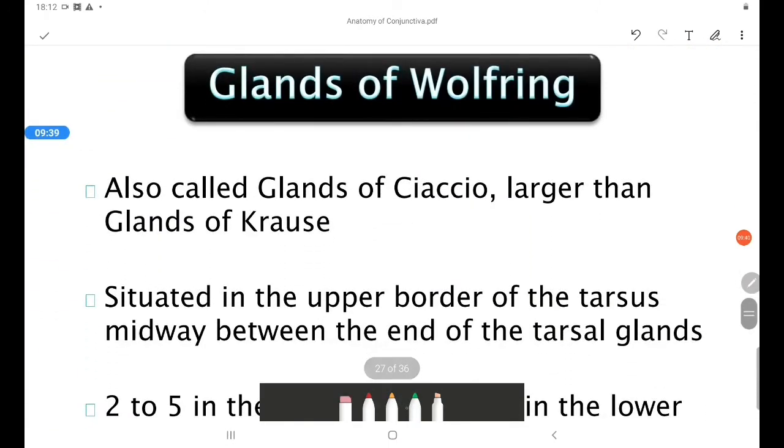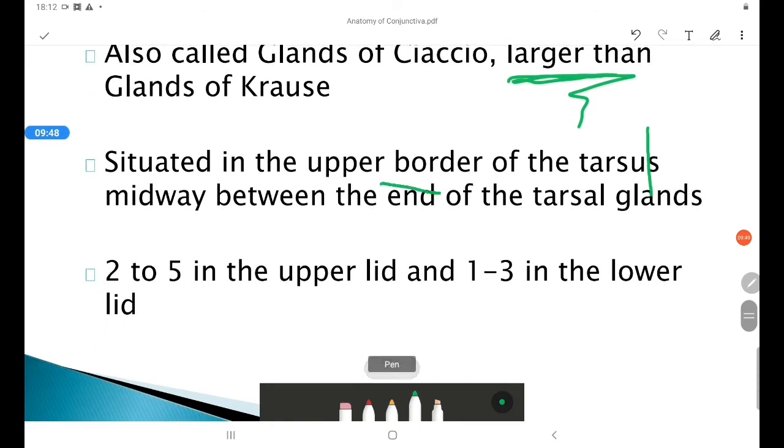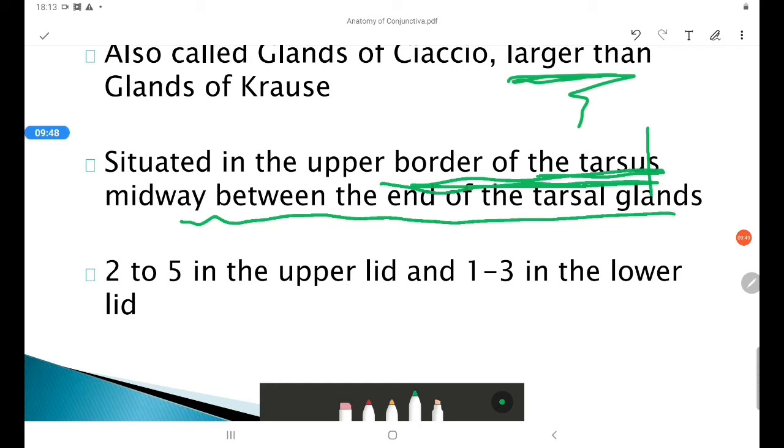Next are the glands of Wolfring. As you can see, they are larger than the glands of Krause, and you should also know that they are situated in the upper border of the tarsal plate, or just midway between the ends of the tarsal glands. We will specify it more in the diagram. Their number compared to Krause is less, just 2 to 5.